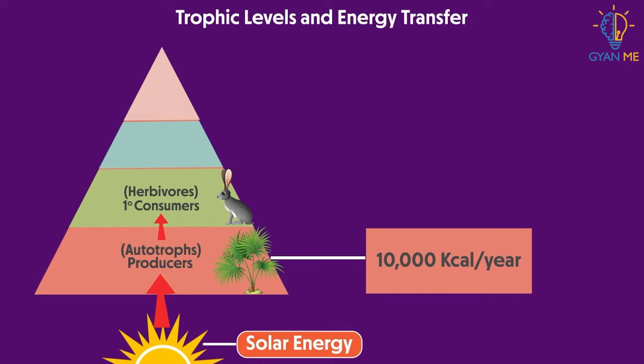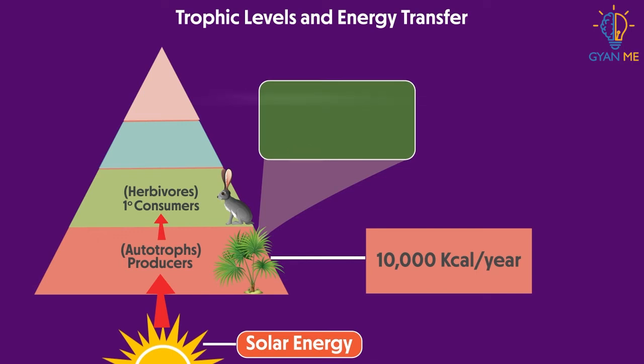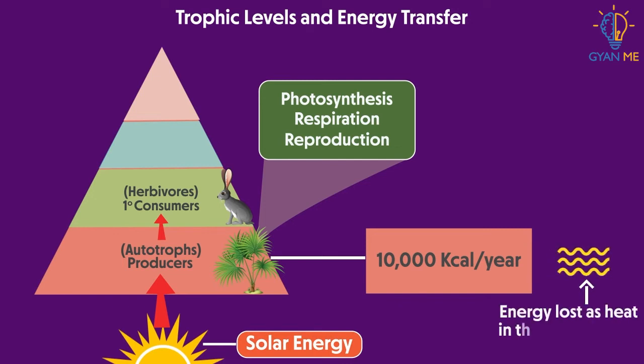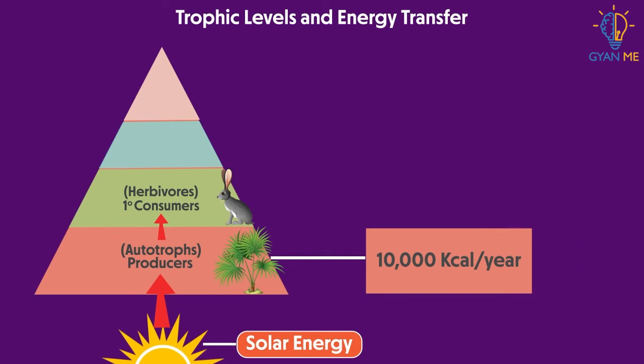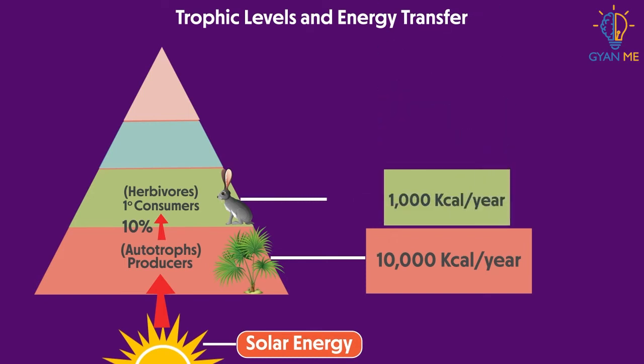Since we know that the rest of the energy is either used up by plants to carry out their life processes like photosynthesis, respiration, reproduction, etc., or is lost as heat in the environment. In fact, the herbivores get only 10% of the total energy produced by plants. So to say, they receive only 1000 kilocalories of energy per year.